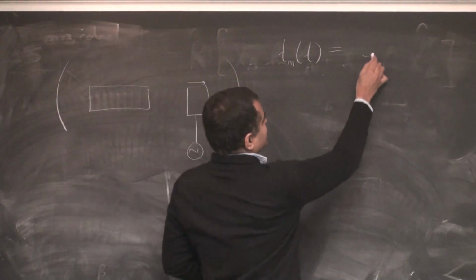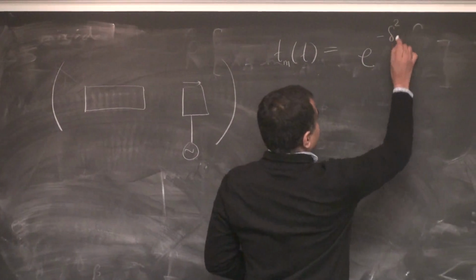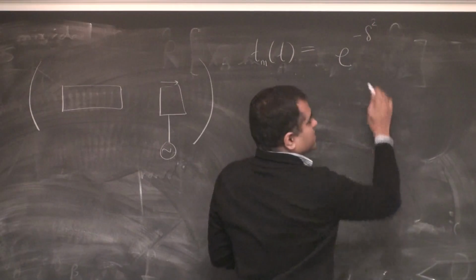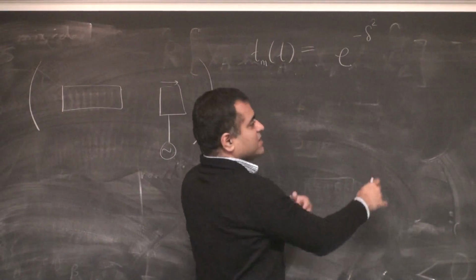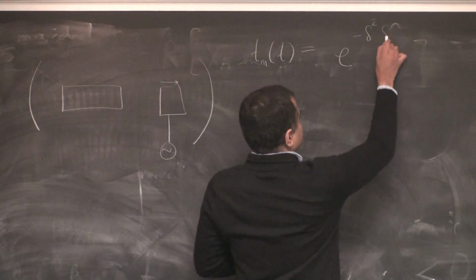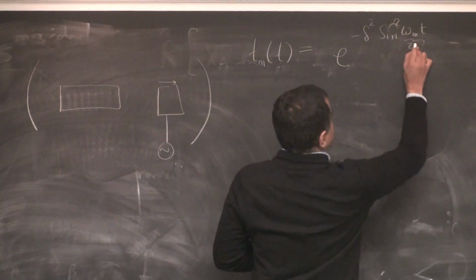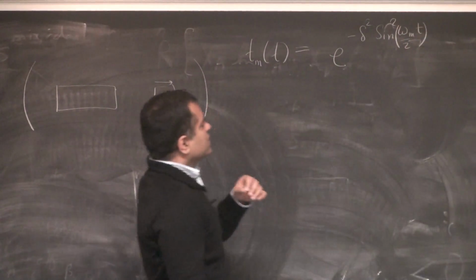The way we were looking at it in the last class was that we came up with a mathematical formula for the time dependence, which looked like a sine square with a certain frequency divided by 2.